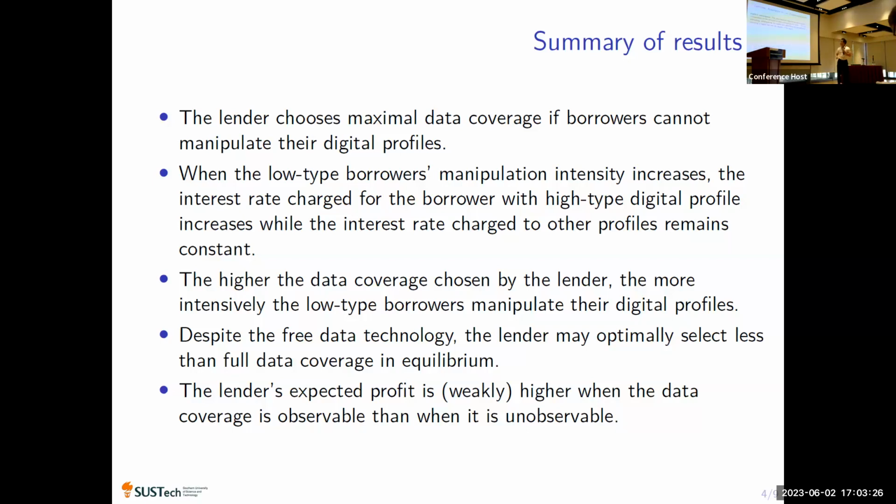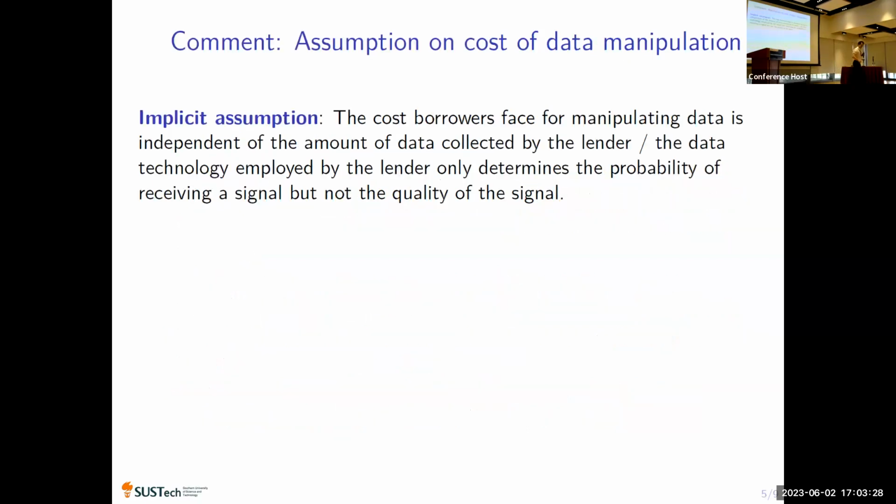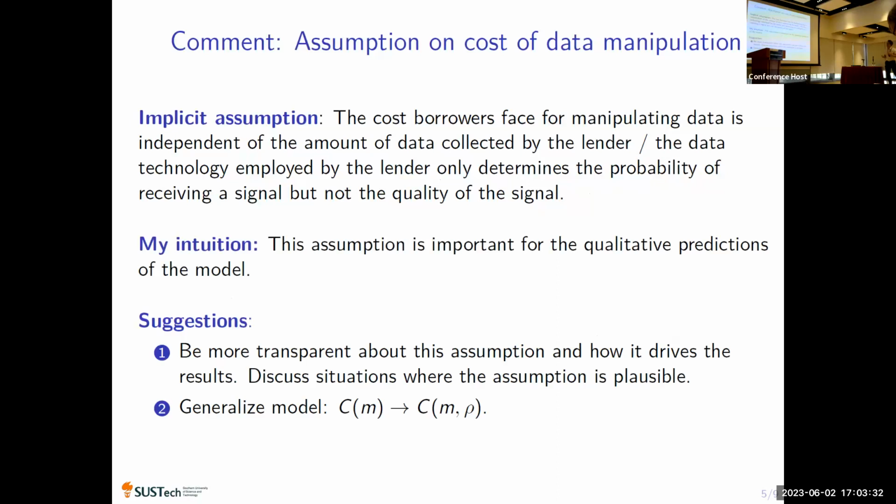So let me come to some comments. My main comment is on an implicit assumption in the model. Here, the cost the borrower pays to manipulate their profile does not depend on the amount of data that the lender is collecting.